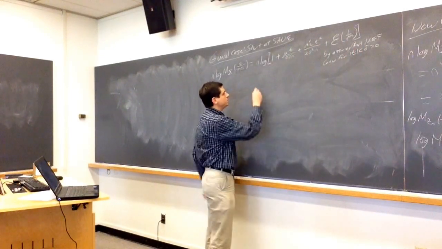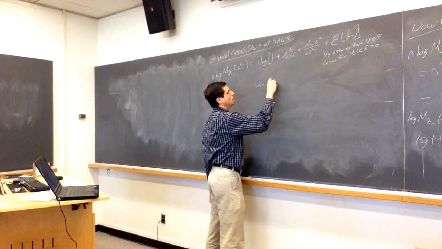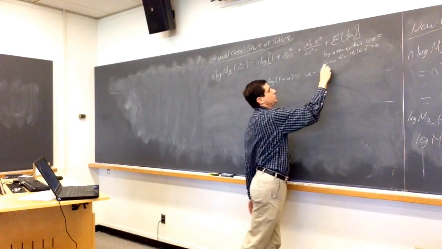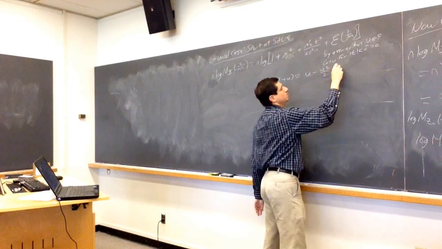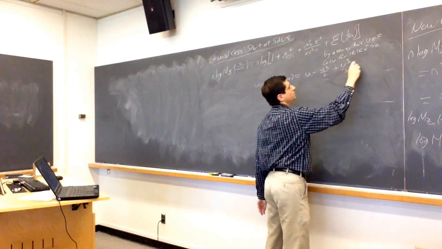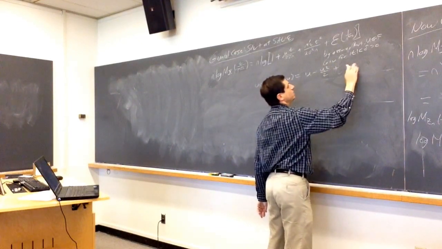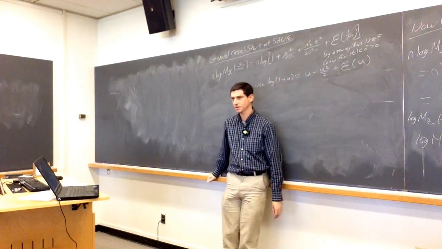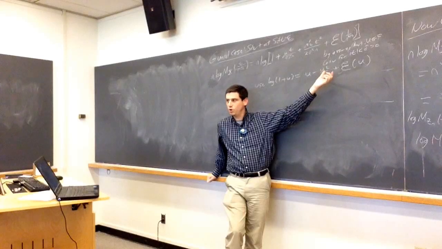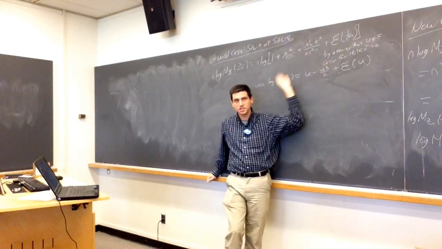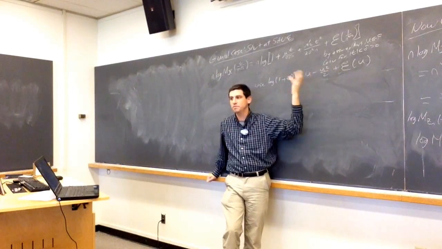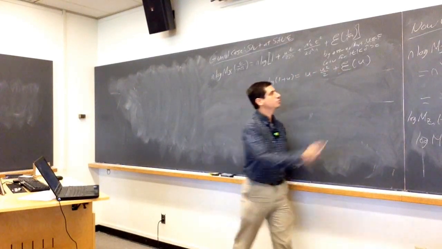Now we want to expand and use the log of 1 plus u is u minus u squared over 2 plus u cubed over 3 minus dot dot dot. Well, actually, we can just leave it as plus some error of size u cubed. Because u is going to be much less than 1, the error term in the log expansion, we can just use the geometric series and bound that by some error of size u cubed.